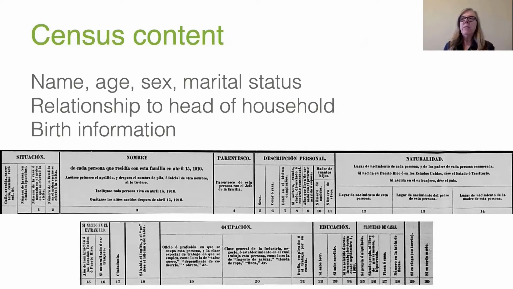And here you can see a few of the columns. We have the names, we have relationships, we have a personal description of the individual, and this includes their gender, their color or race, their marital status. And then in the next columns, we have a little bit about where they were born.